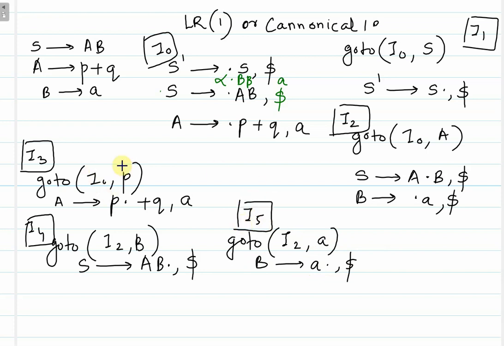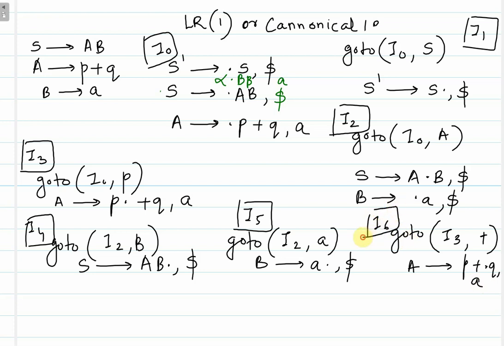Then for I3, goto of I3 on plus gives A → P+.Q, a, a new item named I6.